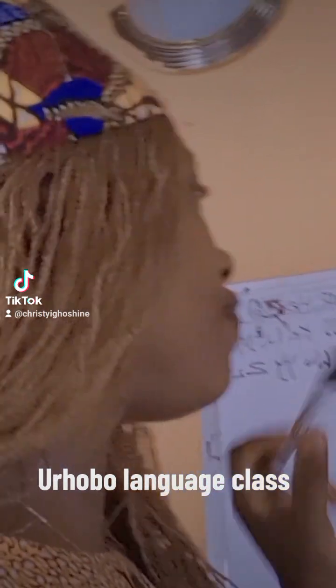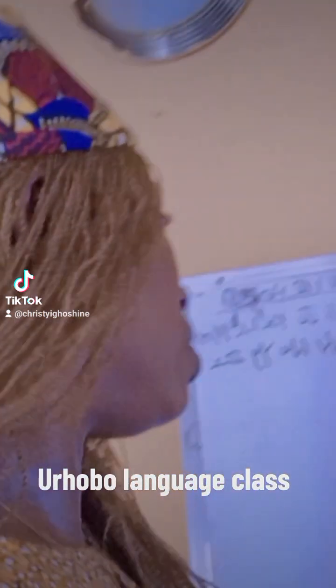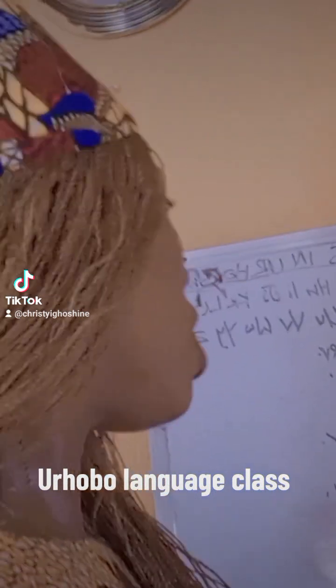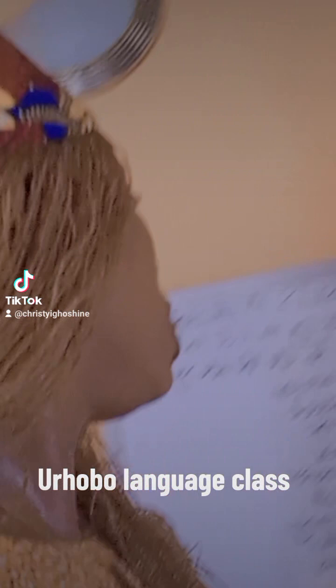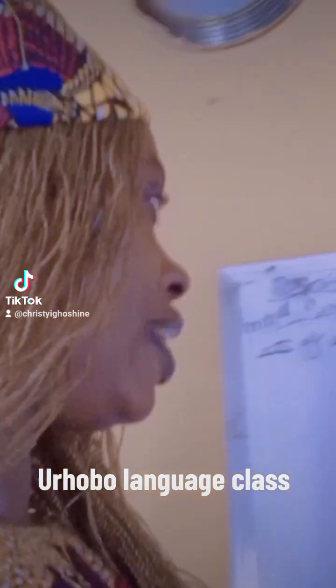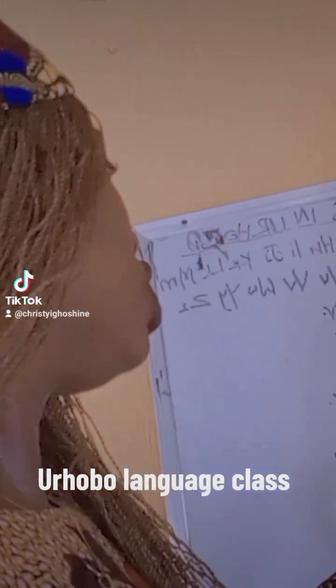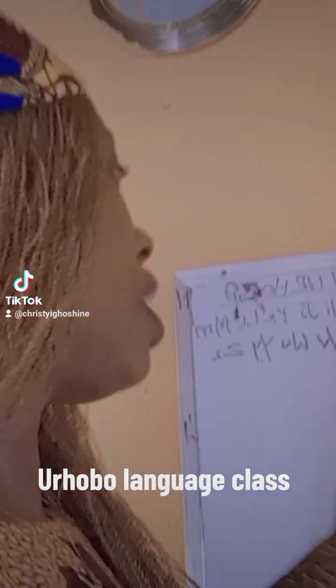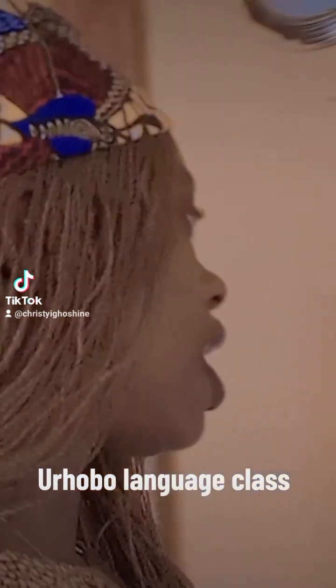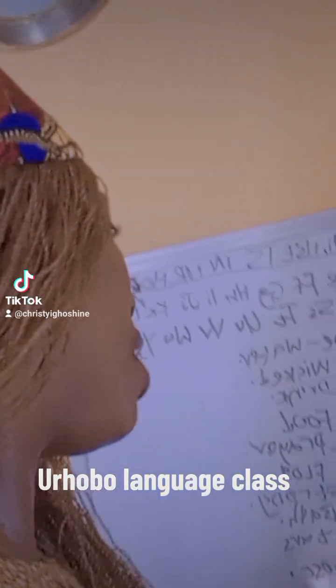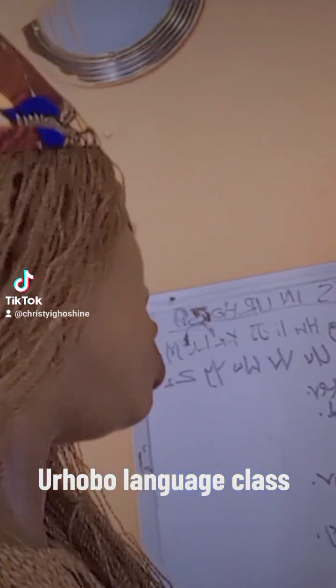F sounds as fan in English. In Urhobo, fa, flog. Letter G sounds as gi, get in English. Ga, that is ga in Urhobo, strong. Letter H sounds as ha, heart in English.